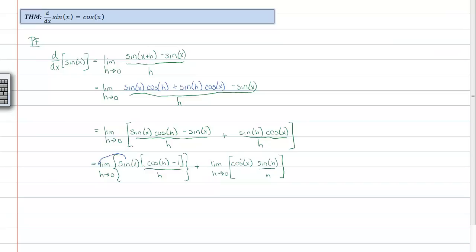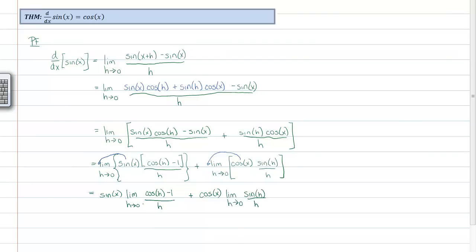And since cosine of x does not have an h in it, I can pull that out in front of that limit. So when I do that, I get a beautiful sine of x times that limit. And then the second term, like I said, I'm pulling out the cosine of x, and again, that's times that remaining limit.